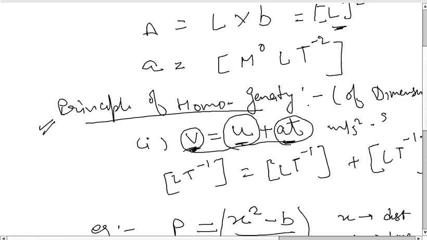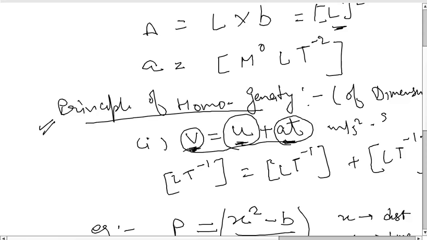Every term on the left hand side and every term on the right hand side should be of the same dimension. That is, V, U is another term, AT is another term. All these should have the same dimensions, which is what we call the principle of homogeneity of dimensions.